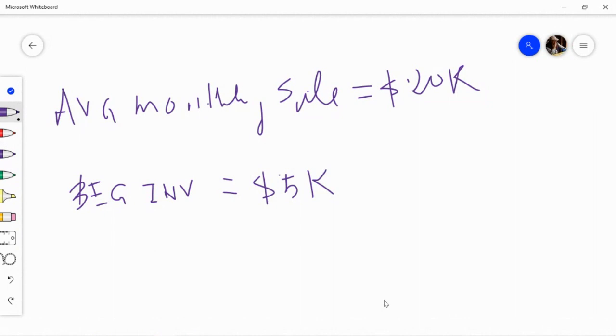It's lacking, because if average monthly sale is 20K, that means you would have to order at least 15K more, 15K plus, to be able to meet your monthly sale or monthly demand by the customers.